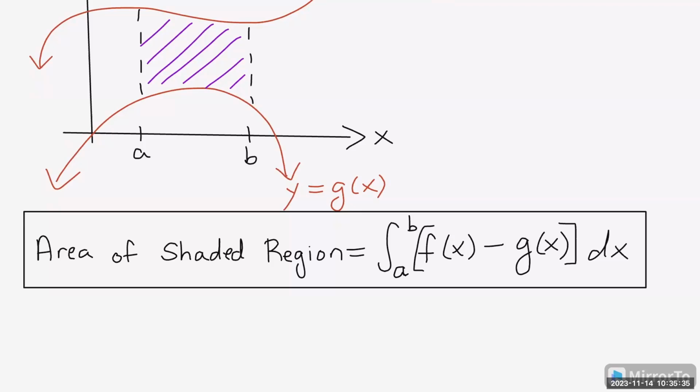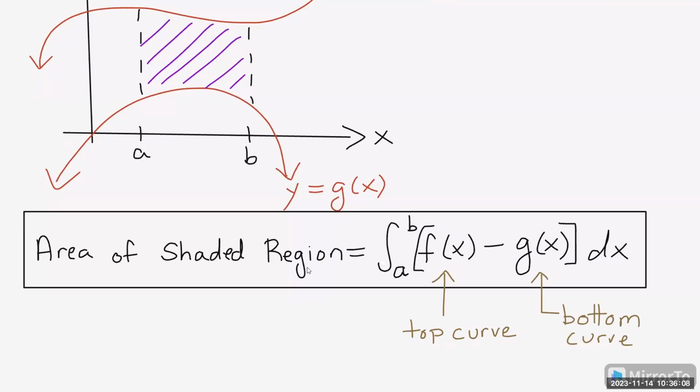So the f of x, that's your top curve, and then the g of x is your bottom curve. So it's more practicing integration, practicing using the fundamental theorem of calculus, and practicing recognizing the definite integral as an area.